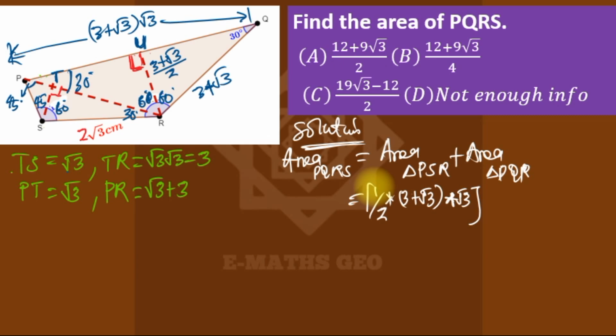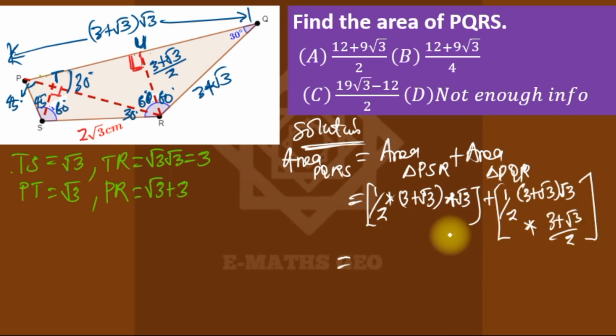So this is the area of the first triangle, plus the area of the second triangle, which is the big triangle, is now half the base, which is 3 plus root 3 times root 3. That's the base PQ, times the height. The height is 3 plus root 3 over 2. So that's the height.